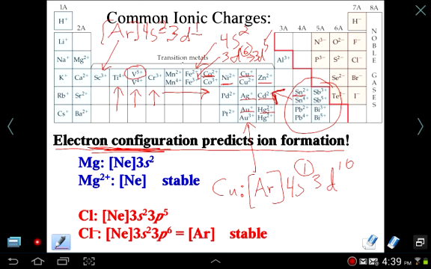To form a +4 charge, it'll lose 2 s and 2 p electrons. Likewise, with antimony here, it'll lose 3p and 2s, to give a total of a +5 charge. So again, I want you to be able to rationalize some of these, even though it may not be a perfect explanation.